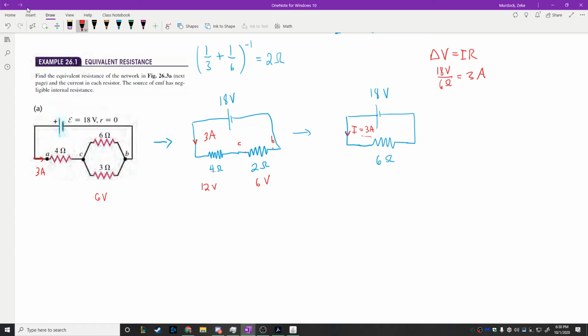So for these two, with 6 volts of potential difference, we can figure out the current. For this one, it would be 6 over 6, 1 amp. And for this one, it's 6 over 3, so that one's going to have 2 amps flowing through it. Splitting up like that. You can see that 3 amps splits into 1 and 2. Okay? That's it. You don't have any questions?